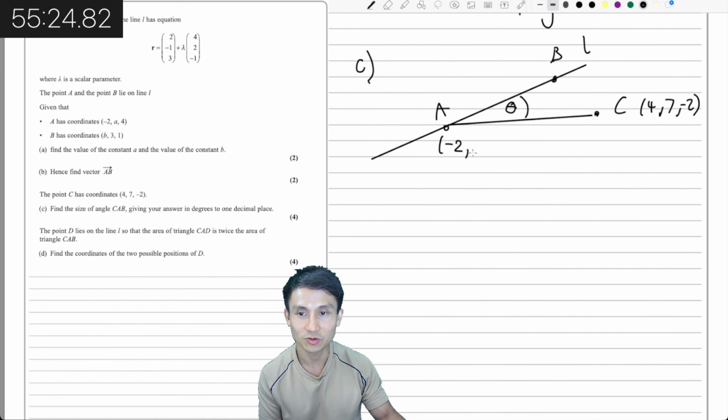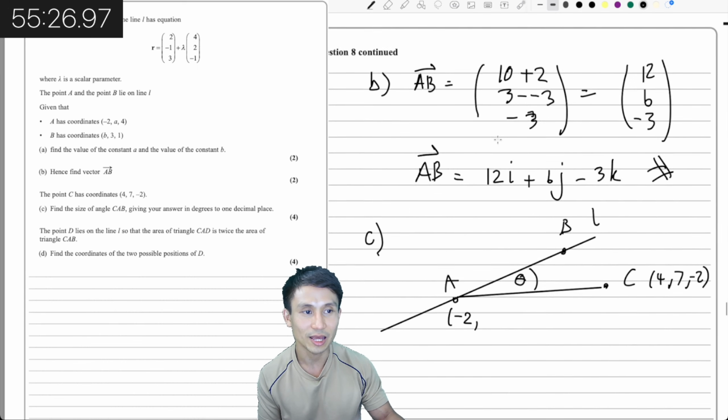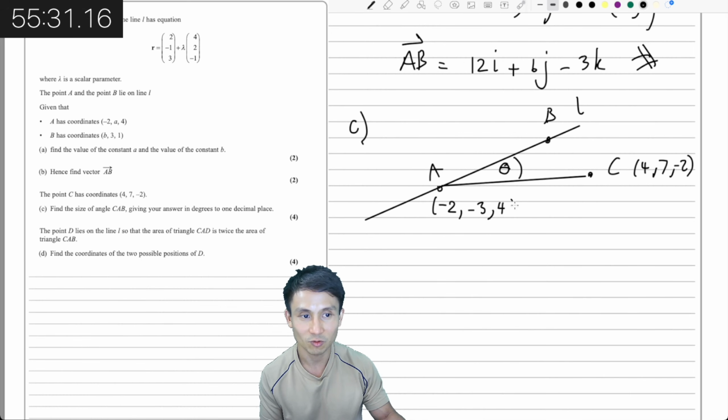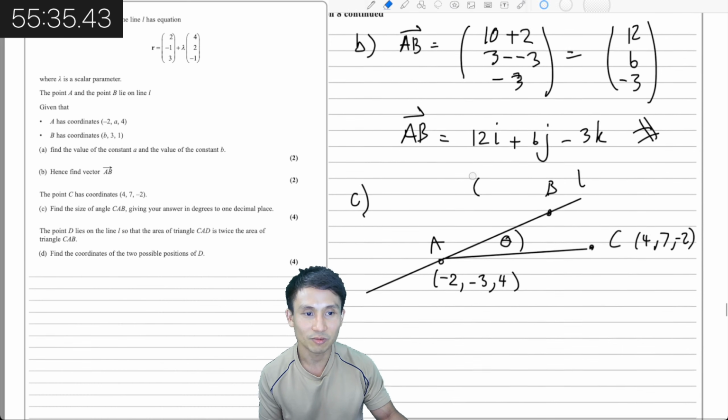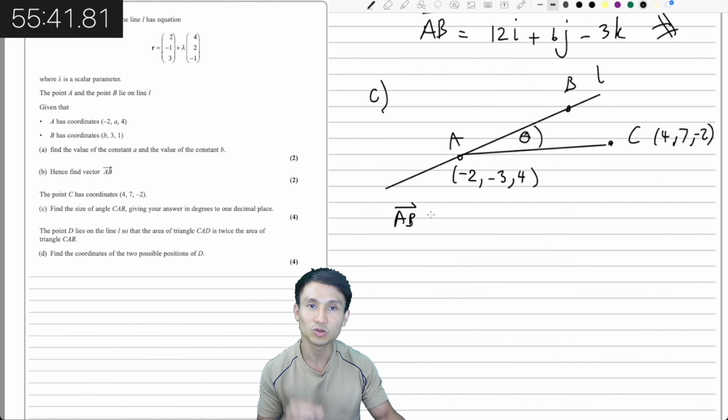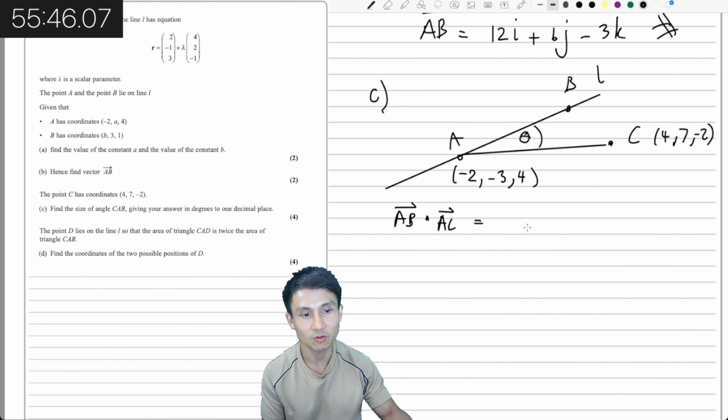A is minus 2, minus 3, 4, and we probably don't need B. So we do vector AB, using a dot product. AB dot AC equals modulus AB times modulus AC.